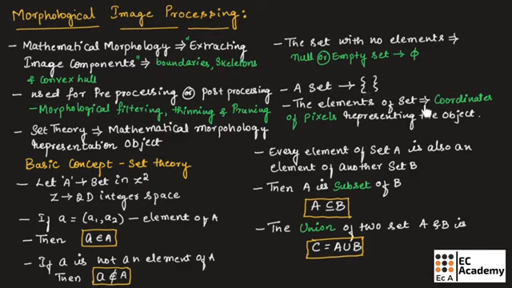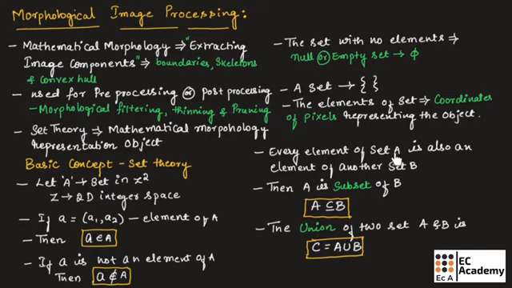The elements of the sets are known as coordinates of pixels that represent the object, and also other features of interest in an image, like the intensity of an image.